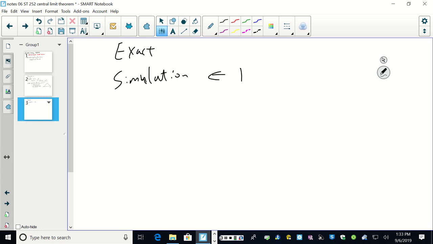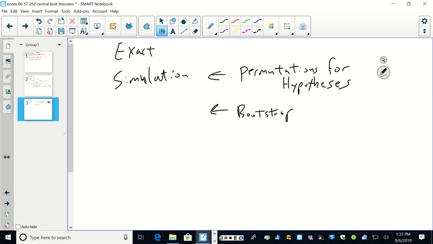So we've used this with our permutations to test hypotheses. We'll also use a simulation technique called Bootstrap that we'll really talk about on Monday. And this Bootstrap is talked about more in Chapter 5.